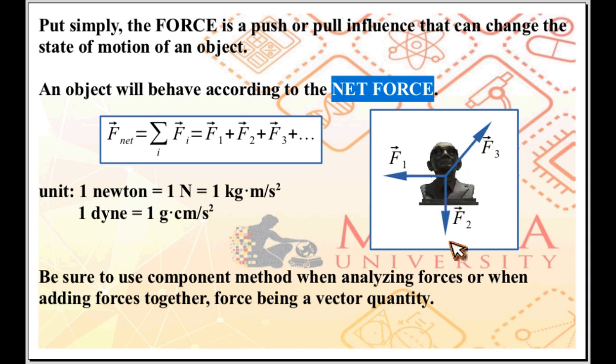You have F1, F2, and F3. The net force experienced by the object, F net, is just equal to F1 plus F2 plus F3, the summation of the three forces acting on the object.